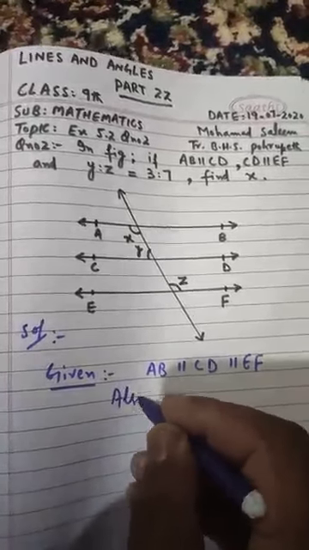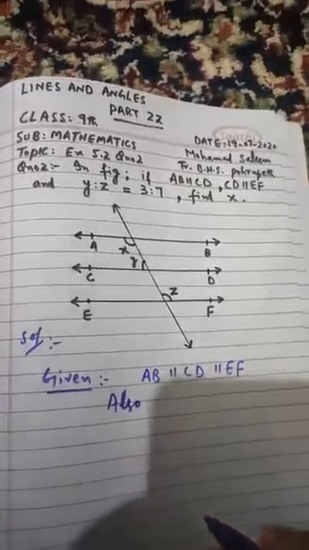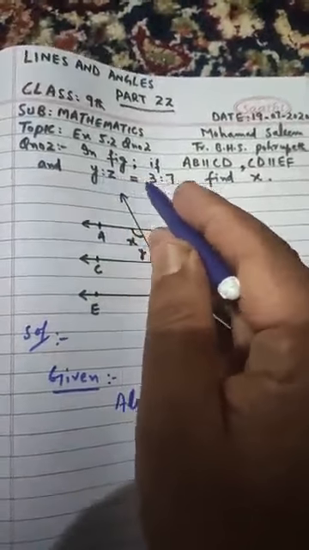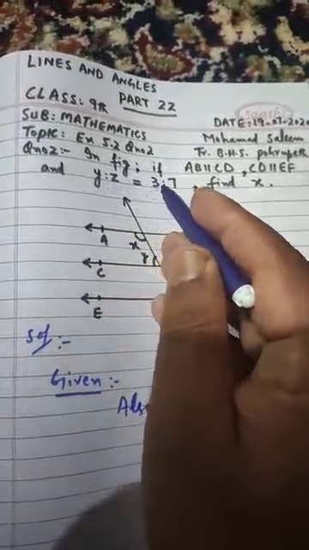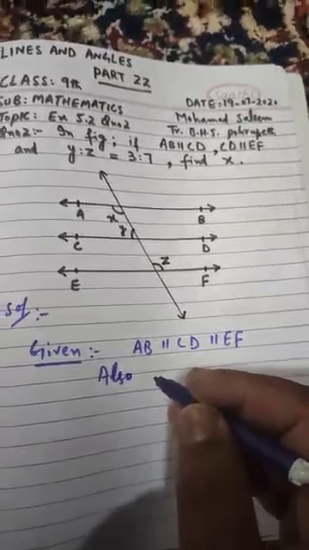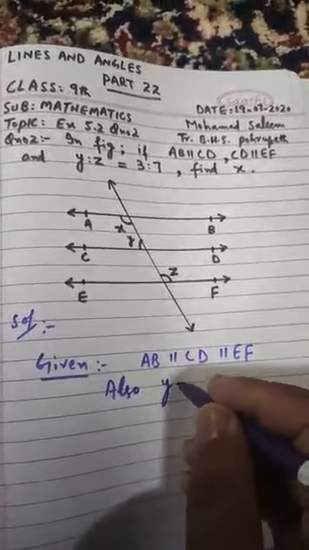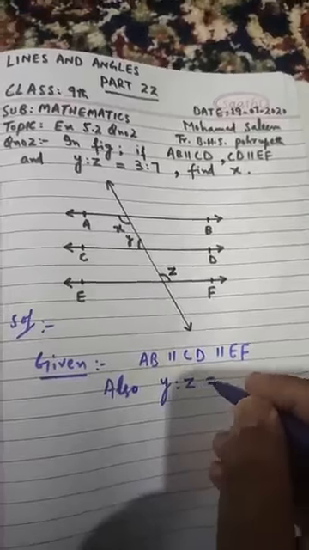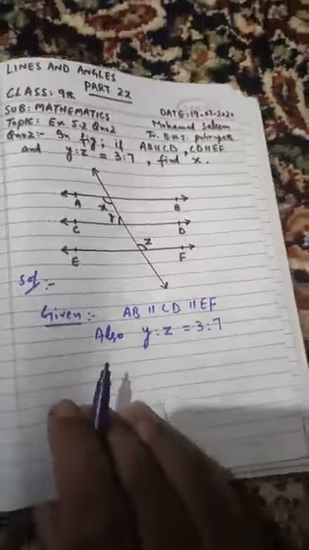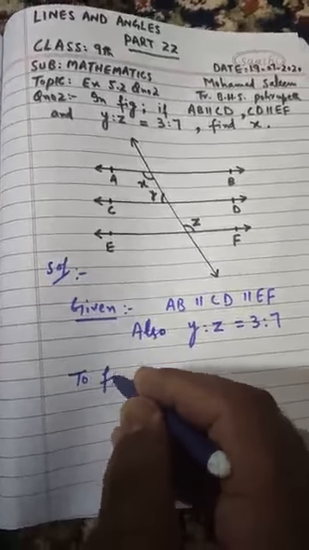In the online class, I forgot to write the ratio of Y is to Z is equal to 3 is to 7. You should make the correction in your notebook. Y ratio Z is equal to 3 is to 7. It is also given.